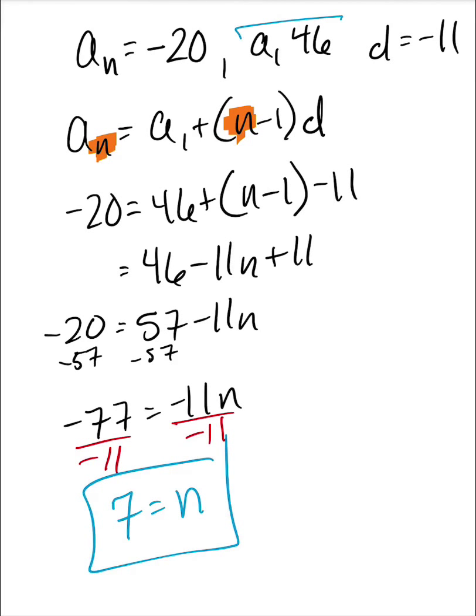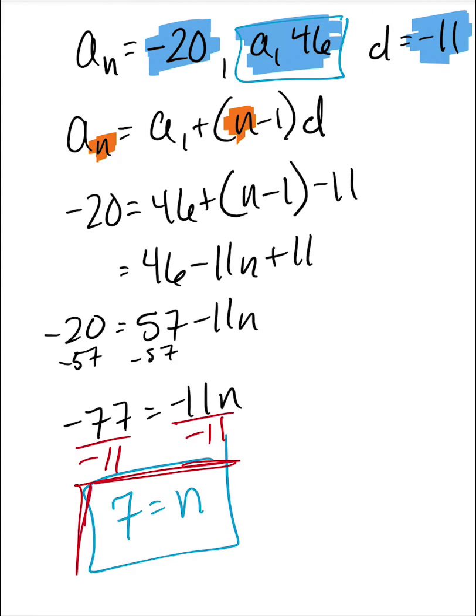So I start off with 46, and I keep adding negative 11, and I end up with negative 20. So how many times did I have to do that? Well, I had to do it 7 times. I subtracted 11 from 46 7 times to end up with negative 20.